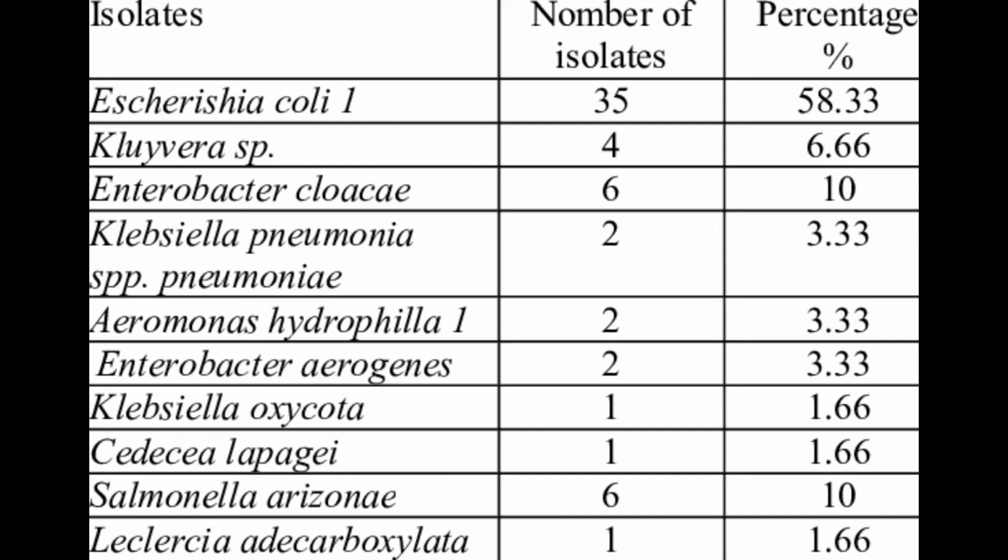Under the Proteus, we have the Proteus vulgaris, whose indole production is positive, while their ornithine decarboxylation is negative. In the Proteus mirabilis, their indole production is negative and their ornithine decarboxylation is positive. In the Proteus penneri, which is rare, their indole production is negative, and at the same time the ornithine decarboxylation is negative.